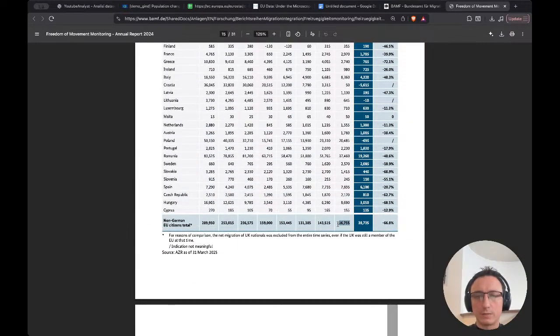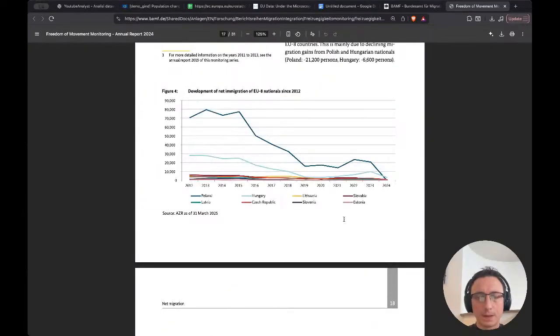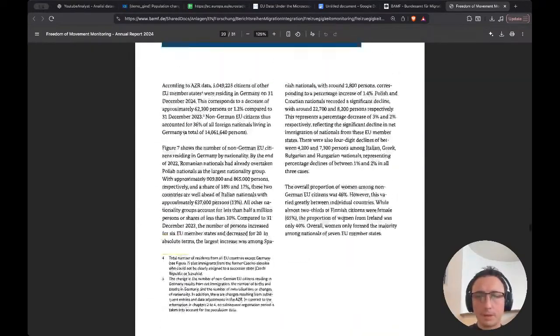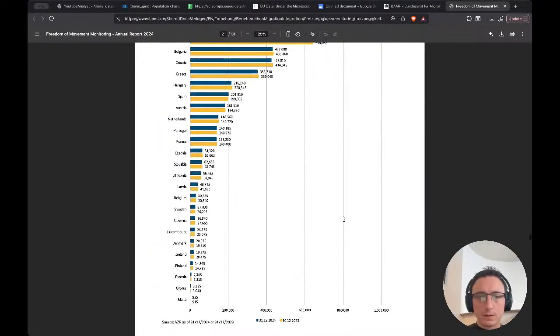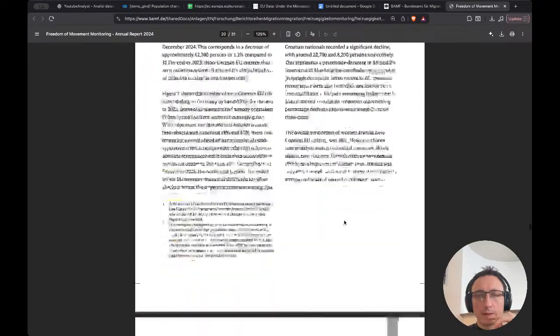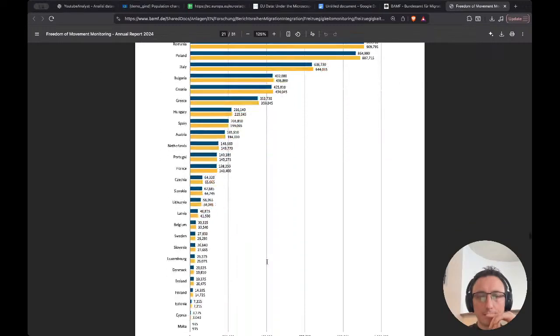Net migration. Okay, so we should take the net migration in order to calculate the housing pressure. Non-German EU. Okay.